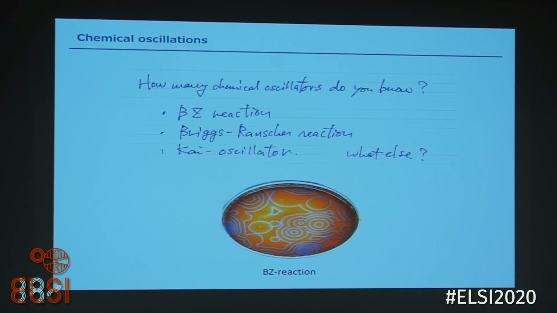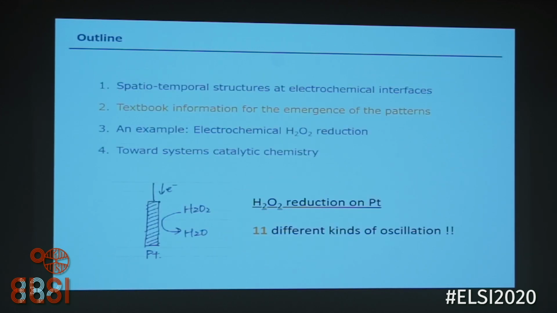However, in electrochemical systems, as I have shown so far, a lot of kinds of dynamic structure are observed. For example, even for a very simple reaction system, the hydrogen peroxide reaction on Pt, so far 11 different kinds of oscillation are found.